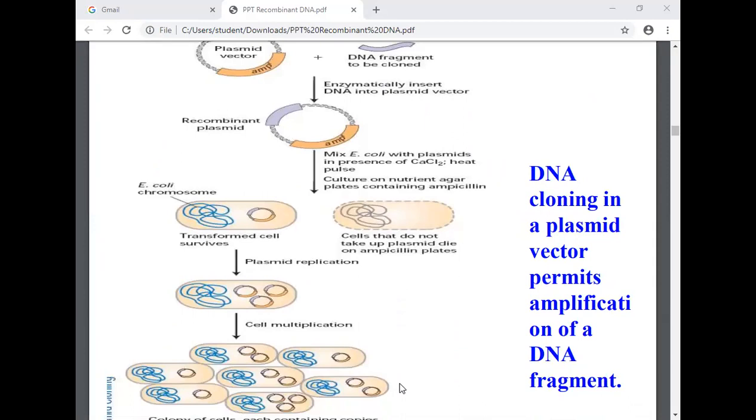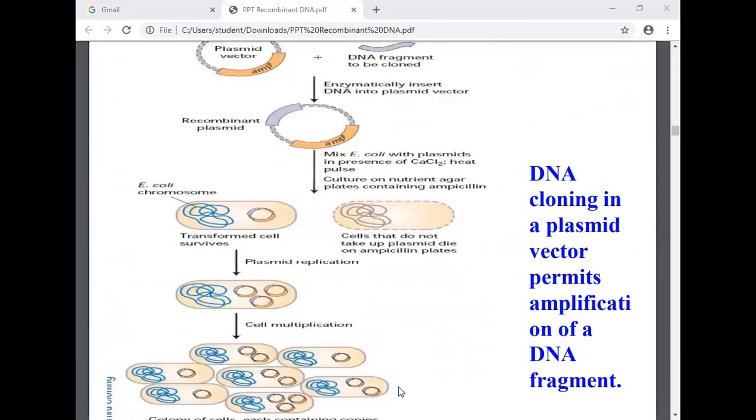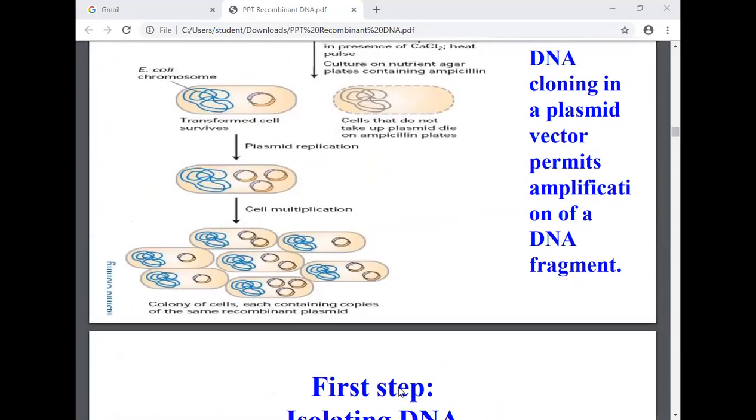Okay, now look at this. DNA cloning: a plasmid vector permits amplification of a DNA fragment. This is the diagram. It is very easy to understand, right? Marker genes are those genes which help us in identification of those complementary DNA fragments.